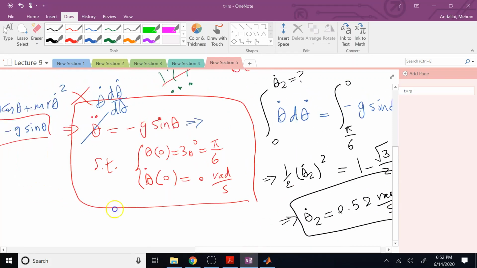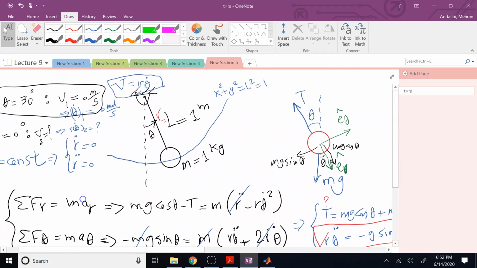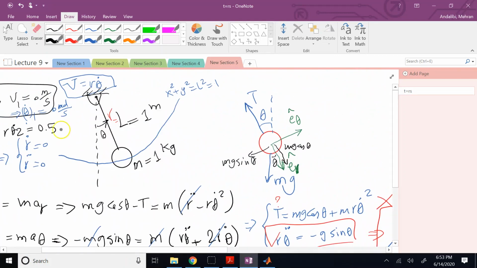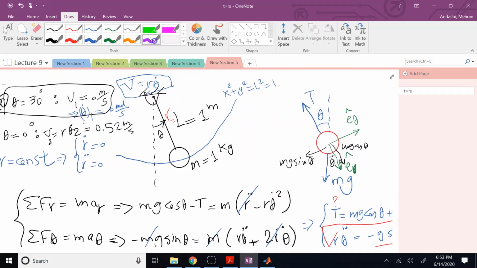And if you multiply that by r here, remember, velocity is equal to what? R times theta 2 dots. So this is going to be r times theta 2 dots, and r is simply 1, so you're going to get the same number, right? 0.52 meters per second. And that is your final solution.